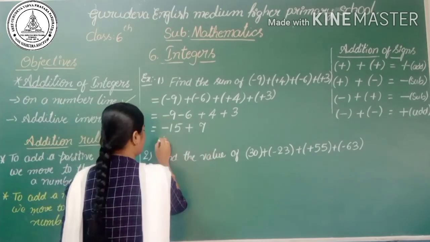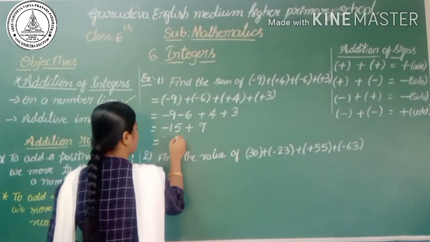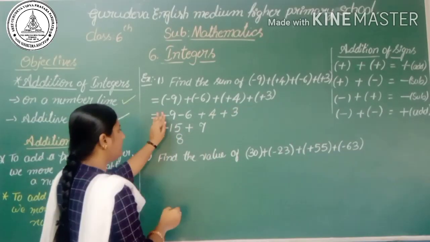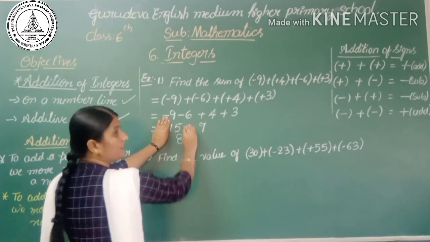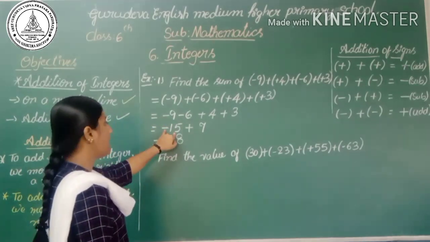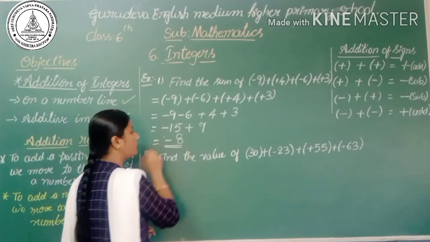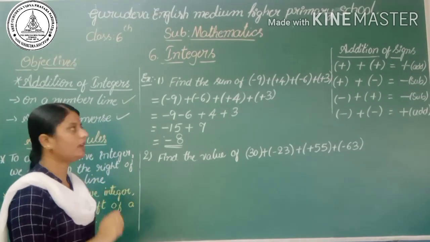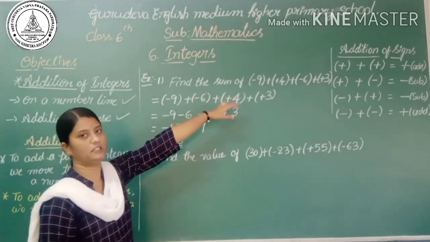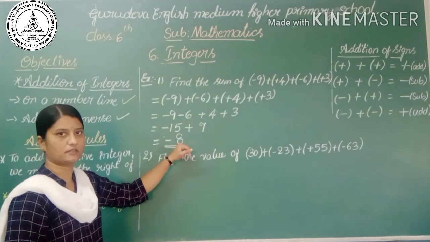Of 15 and 7, which is the greater value? Obviously 15. It has a negative sign, so we keep it in the prefix of the sum. The sum of the given integers is minus 8.